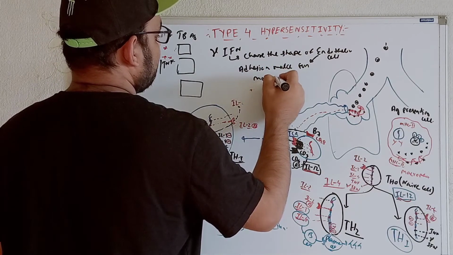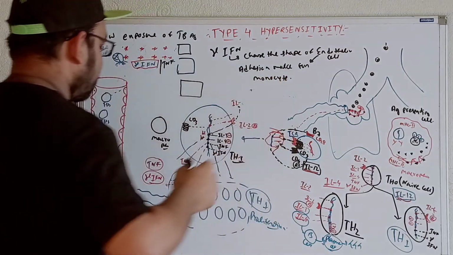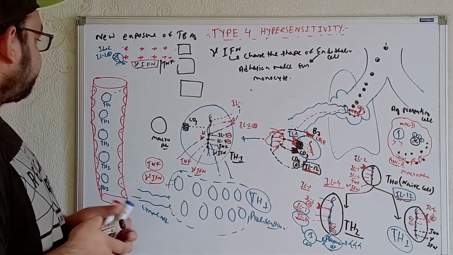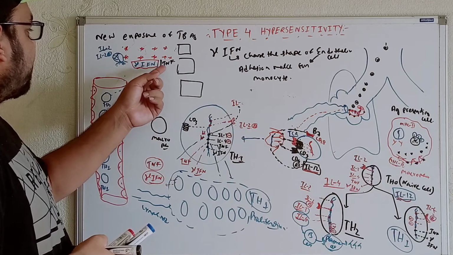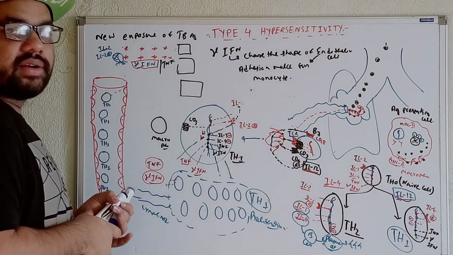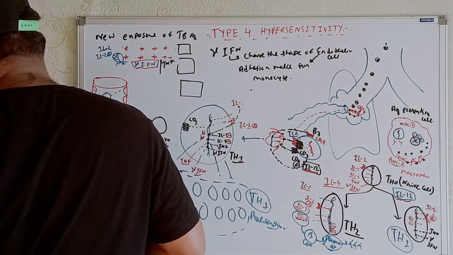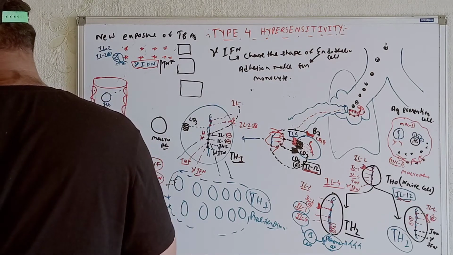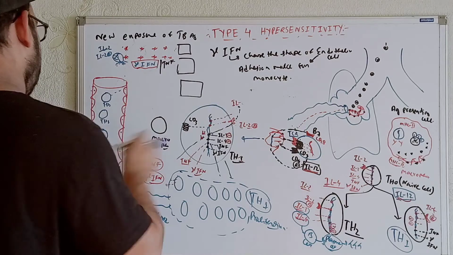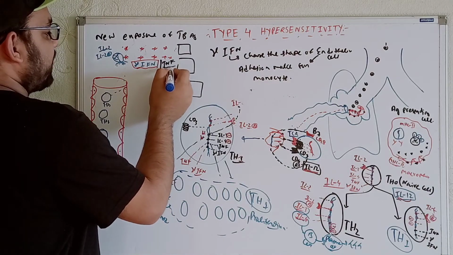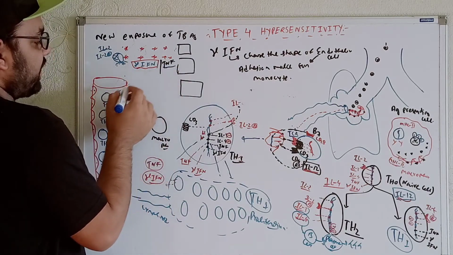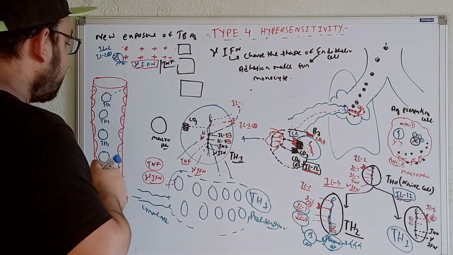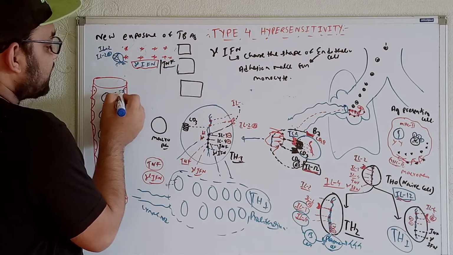Try to understand what I said. The tumor necrosis factor has the same capacity. Let's draw it over here. Whenever the tumor necrosis factor acts over here, it will make the endothelial cells express the adhesion molecule for monocytes.